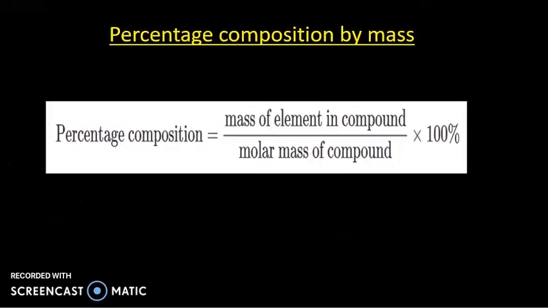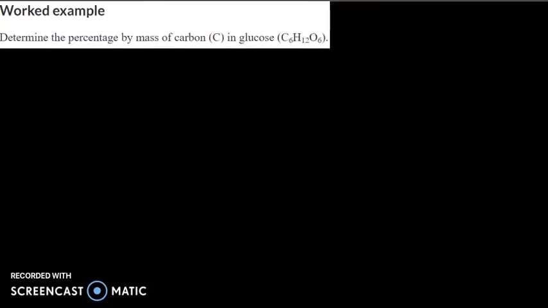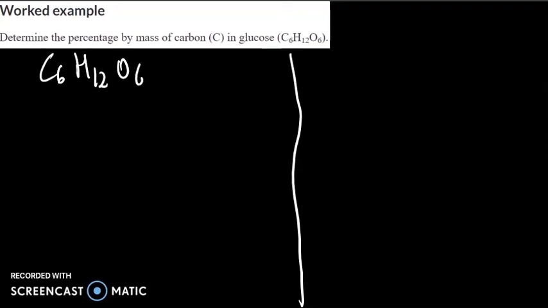Now we have percentage composition by mass. Percentage composition is equal to the mass of the element in the compound divided by the molar mass of the compound, times 100%. Let's put this formula into practice. We have an example here: C6H12O6, and we're supposed to find the percentage by mass of carbon in glucose, C6H12O6.